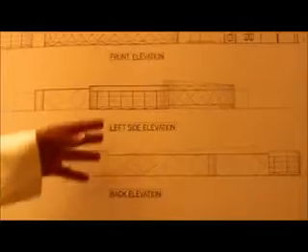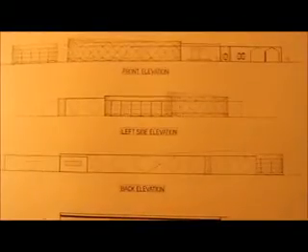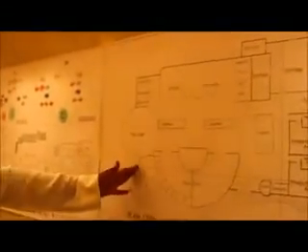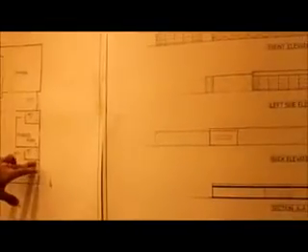This is the left side elevation from this side, and this is the back elevation from this side. And I made 2 sections from the internal side, section AA from this side and section BB from inside.